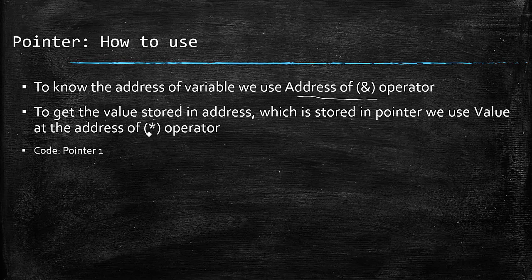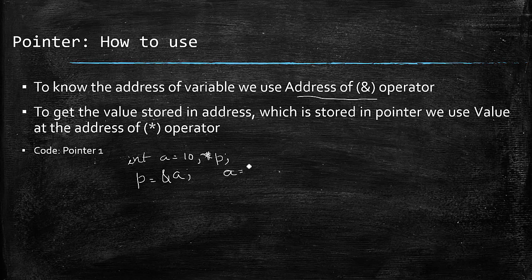So let us understand this. Suppose a is an integer type of variable having the value 10, and p is an integer type of pointer. So we can write p equals address of a, because a and p are both of integer type, so we can store the address of a. Now if I print the value of a, it will print 10.